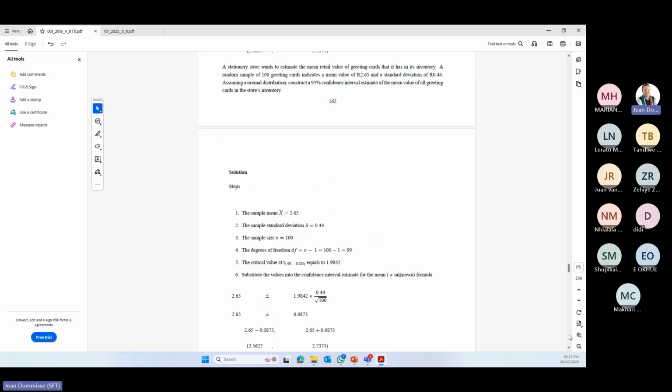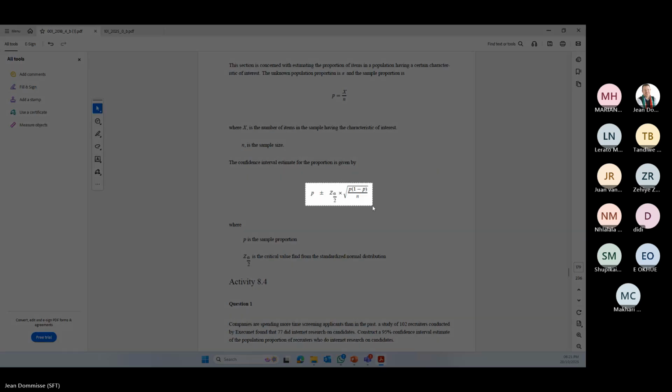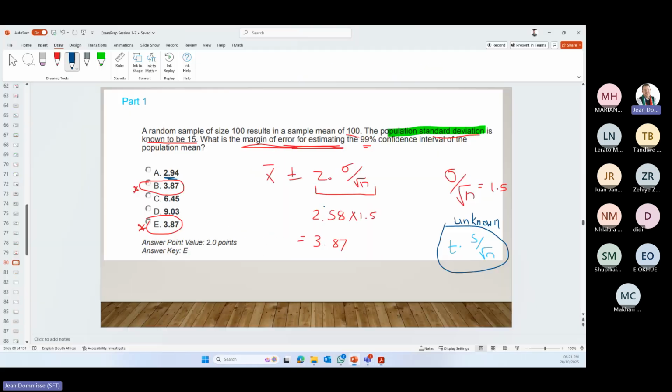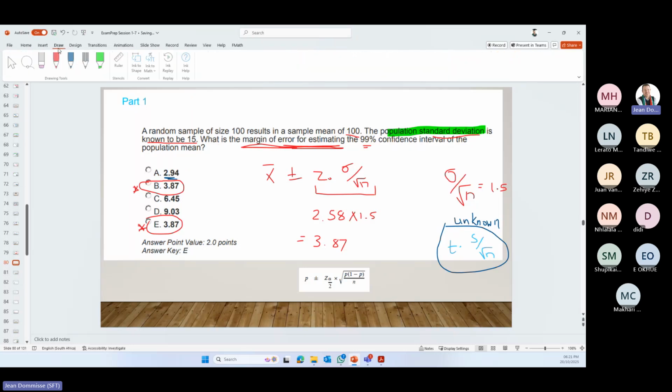So let's go to that component. It could have been that this margin of error was also this. Let me put this piece in so that when you go through it, you know you could also have needed to look at this if it's a proportion. If it's a proportion, this again is the margin of error.